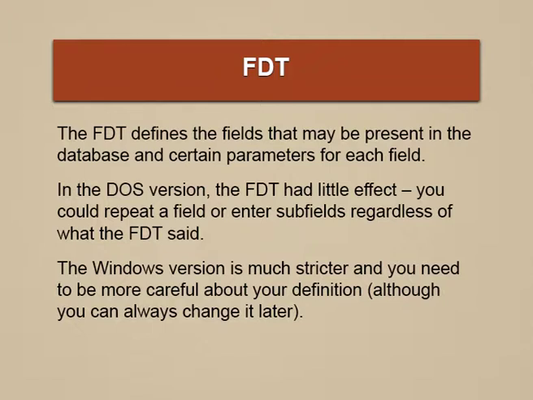But compared with the CDSIS for DOS version, WINISIS, or CDSIS for Windows, is much more sophisticated, and it can really control the data entry options or data entry features by the cataloger. So, if you have not defined a particular tag or field as repeatable, you cannot enter many occurrences there as per your requirement.